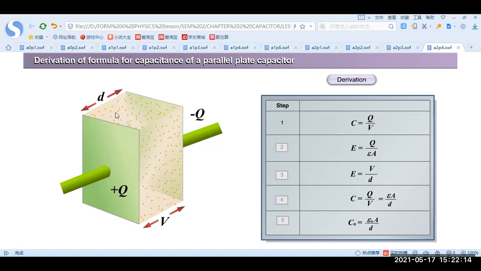So we add a medium in between the two plates. Dielectric means that the material we add into the medium must be an electrical insulator. Why do we add the insulator in between the two plates?